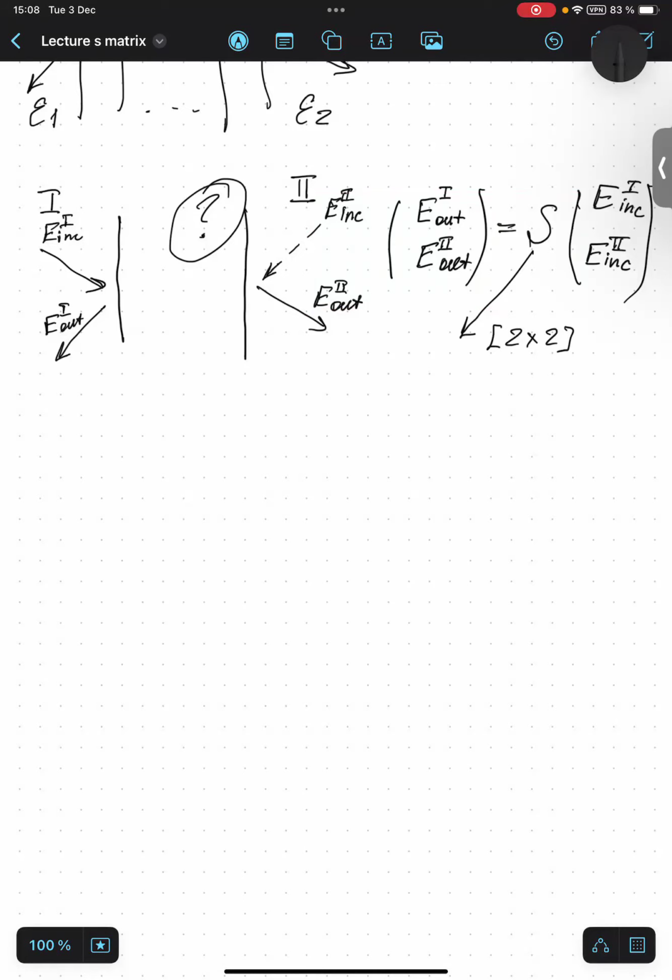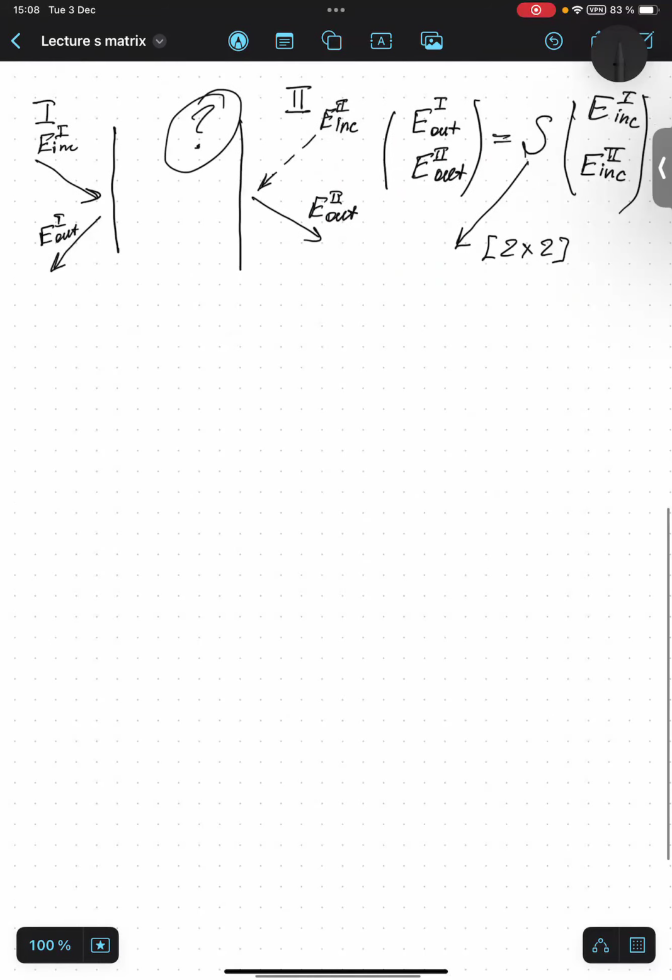And that's actually the main idea of this theory. But we can consider some properties of the S matrix.